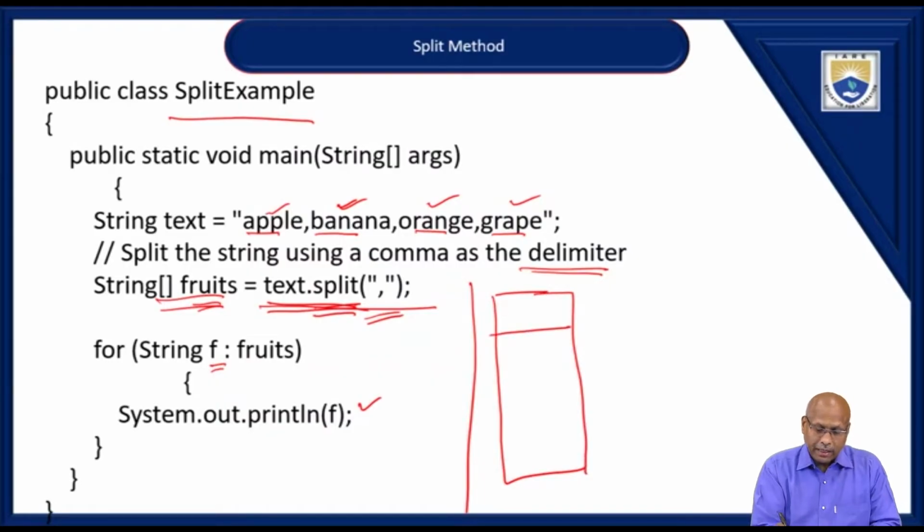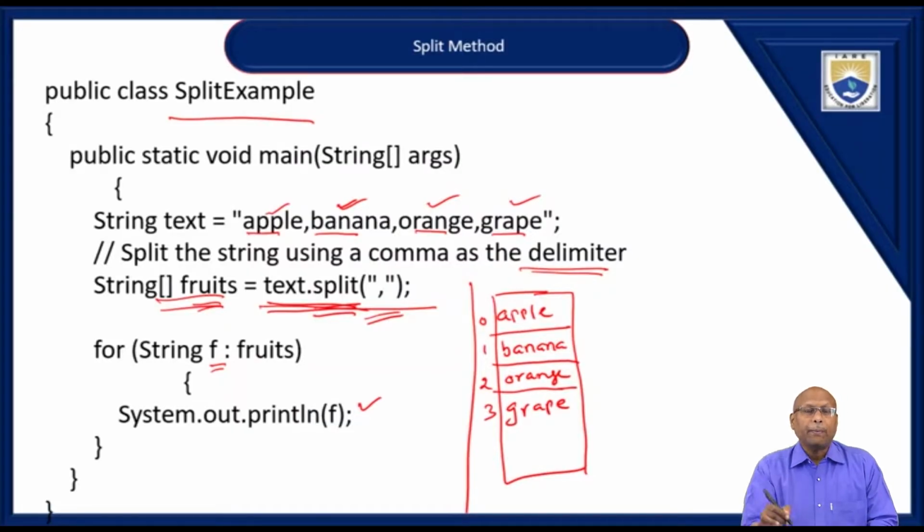At the 0th place, apple will be there. At the 1st place, banana will be there, because you are splitting based on the comma. Then at the 2nd place, orange will come, and at the next place, grape will come.